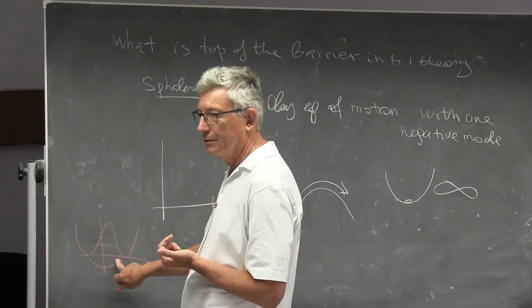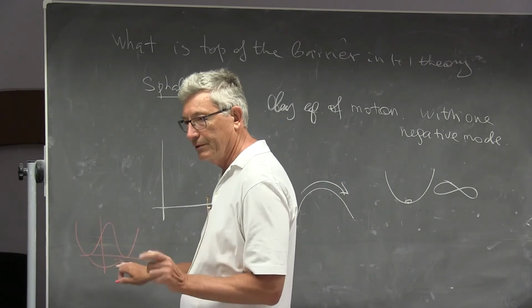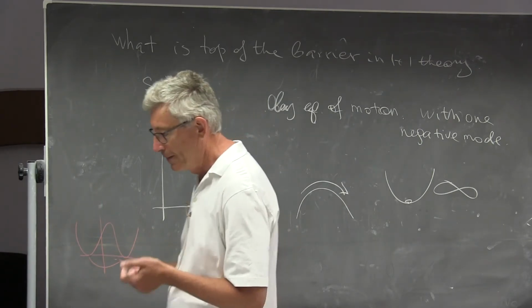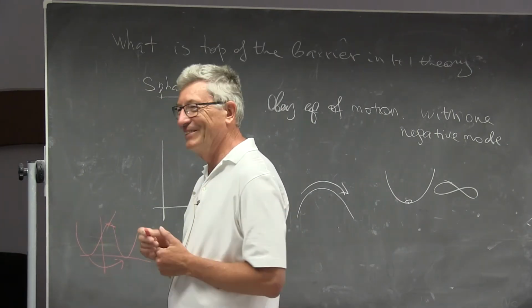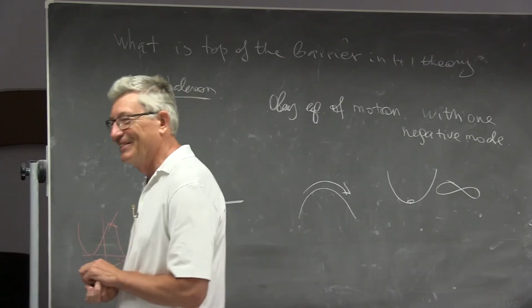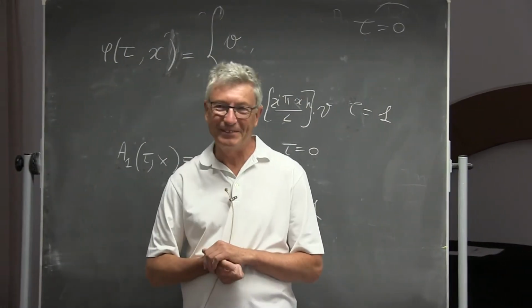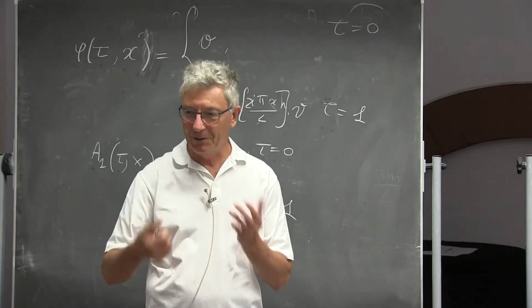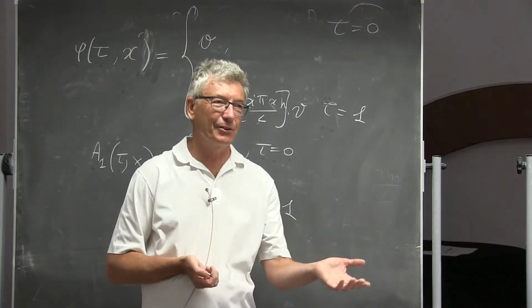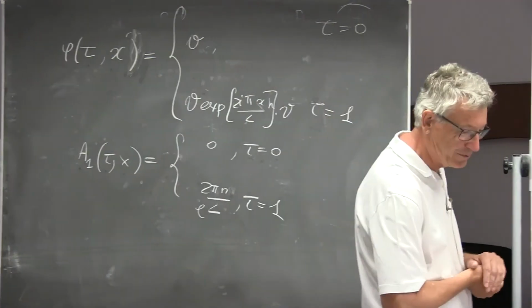You take this quantum mechanics, go to Euclidean space, and again you find some solution which corresponds to that. And the Sphaleron is yet another solution, which corresponds to the top of the barrier. So there are different types of solutions. They have different physical meaning. There is a physical relationship of instanton to Sphalerons and vice versa.